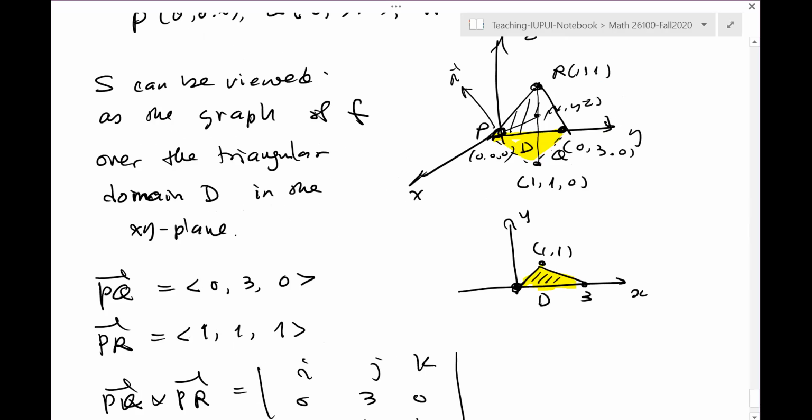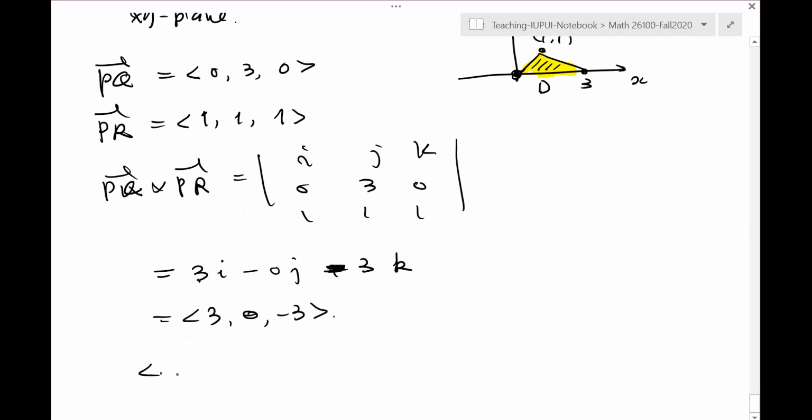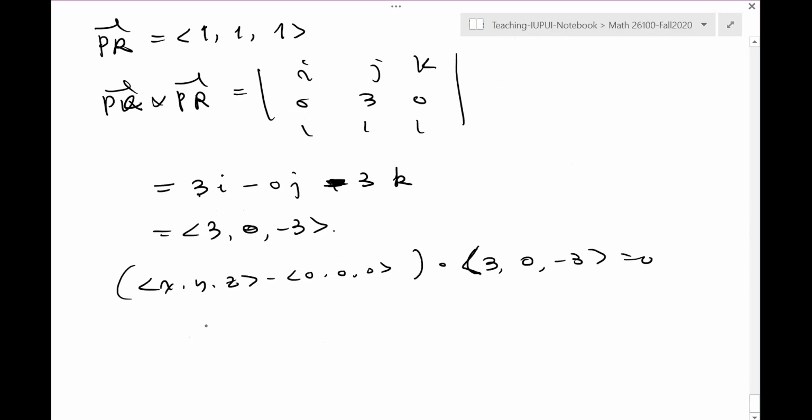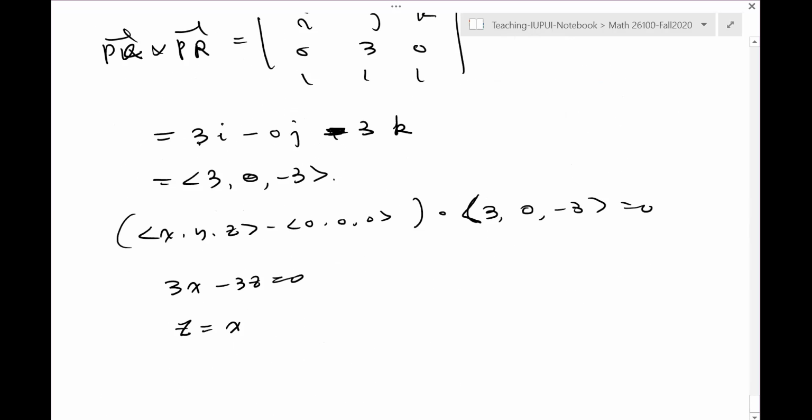So you get a tangent vector x, y, z, subtracting 0, and then the dot product with the normal should be 0. So I get 3x minus 3z equals 0. So actually z is going to be x. That is my equation for the plane, which is the function f(x, y).